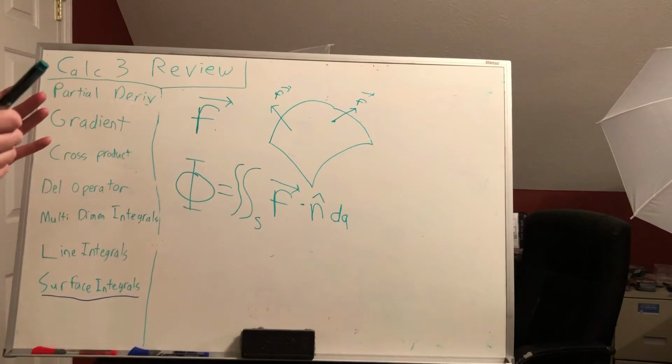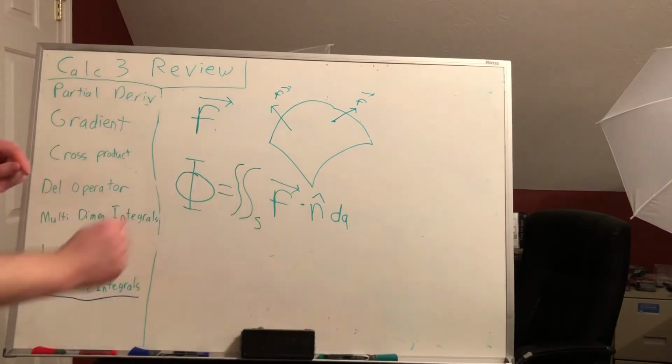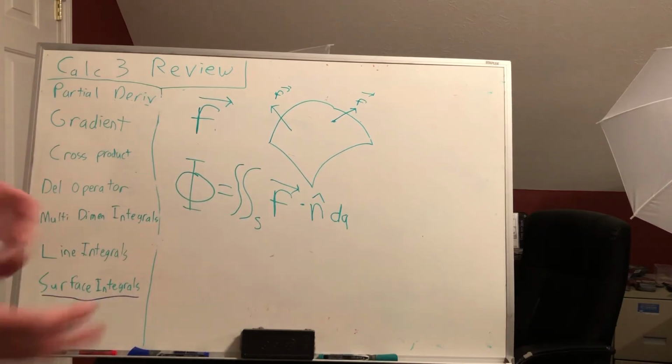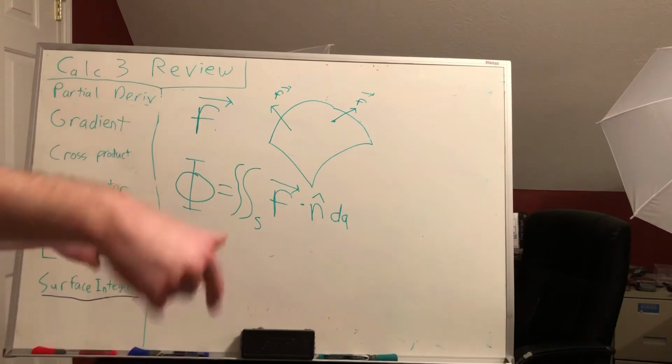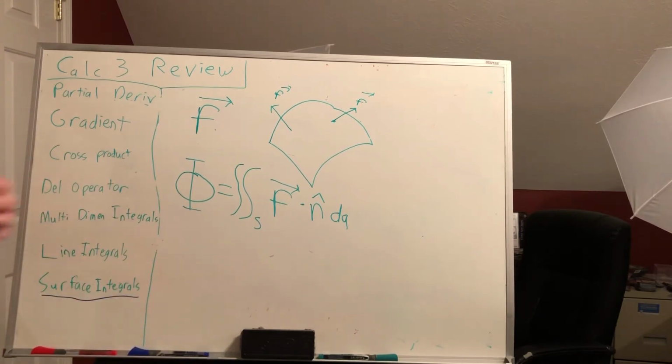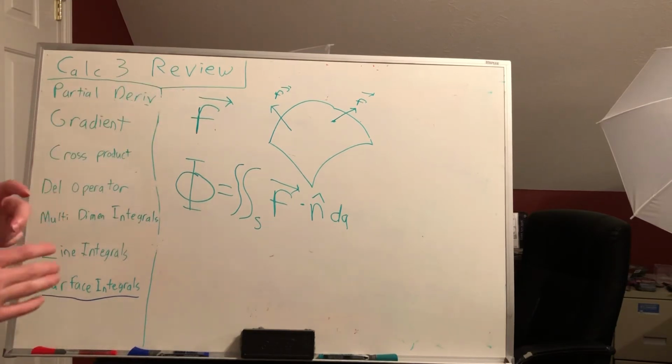vector. So what does that mean? Well, let's think about this whiteboard, and let's think about our vector function as like a stream of water going through. And we want as much water as possible to go through the whiteboard.